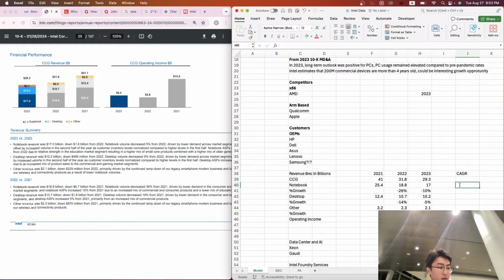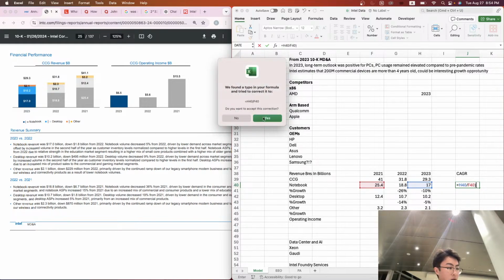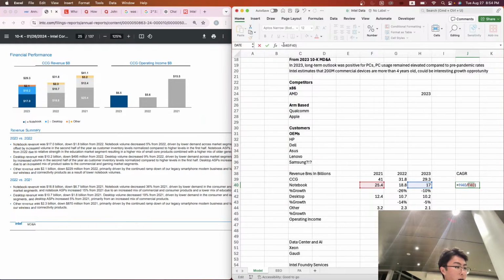So I think what we could do is take 17 divided by 25.5, and then raise this to 1 divided by 2 for 2 years, and then subtract 1. Yeah, so an 18% CAGR. All right, that's not great. That's not great.